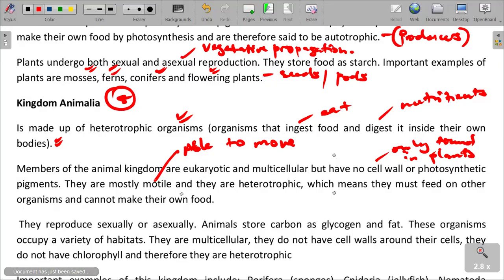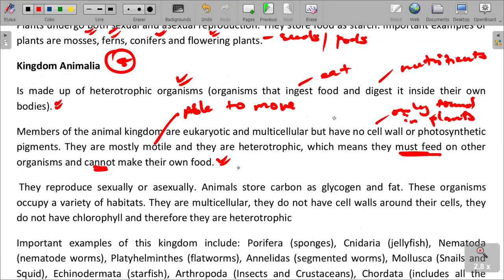And again, they reproduce sexually or asexually. Sexually, we talk about the gametes. There is fertilization which occurs in them. So therefore, animals store carbon as glycogen and fat.